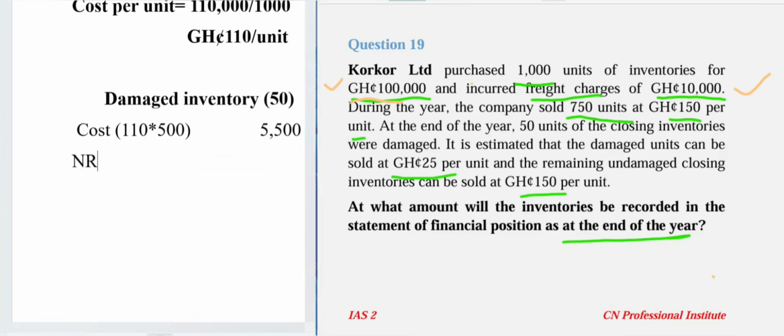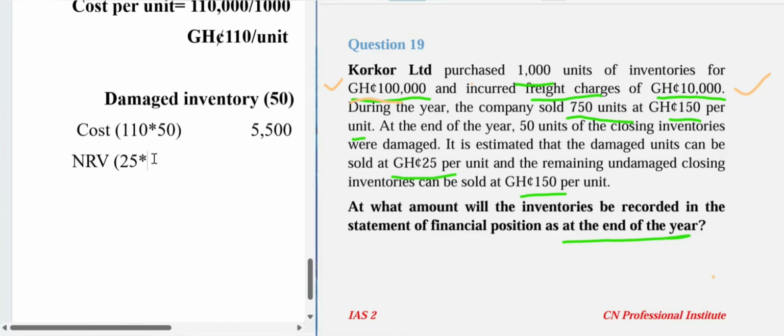Then let's get its net realizable value. If you come back to the question, it says 50 units were damaged. Then they said it's estimated that the damaged units can be sold for 25 cedis, and the undamaged for 150. So this one is damaged. So we can sell it for what? 25 cedis.